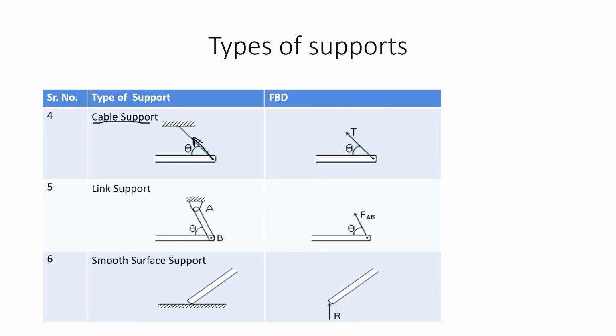So wherever the cable is attached to the fixed body, it will be directed in that particular direction, away from the body. As you can see here, when the cable is making angle theta, the reaction, or tension, is also making angle theta, so it's parallel and directed away from the body. That's for the cable support.